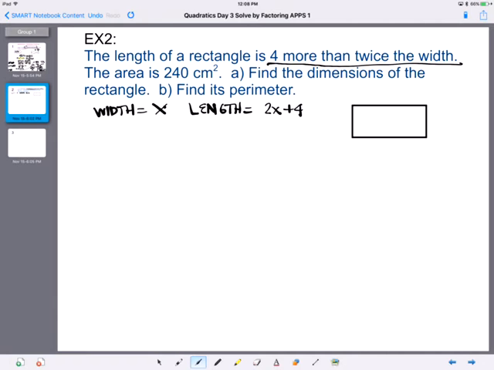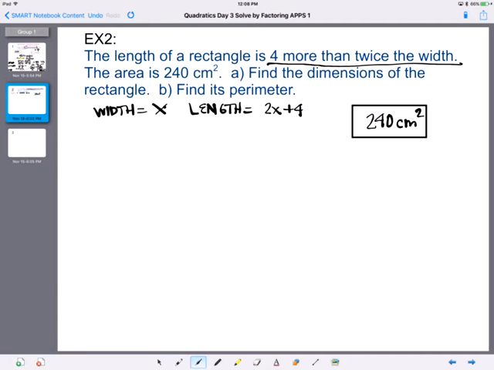They tell us that our area is 240 centimeters squared, and they want us to find the dimensions as well as find the perimeter.